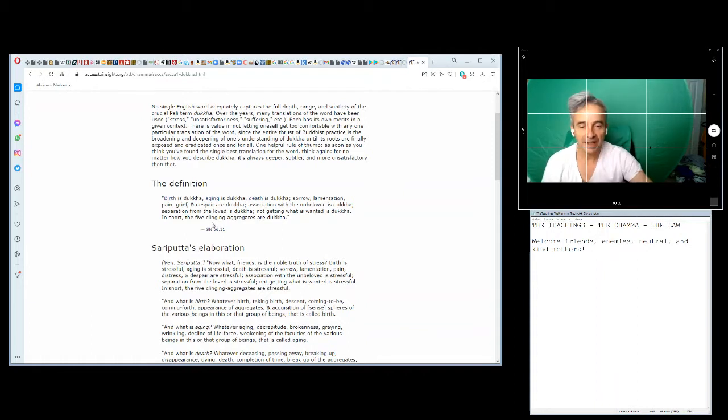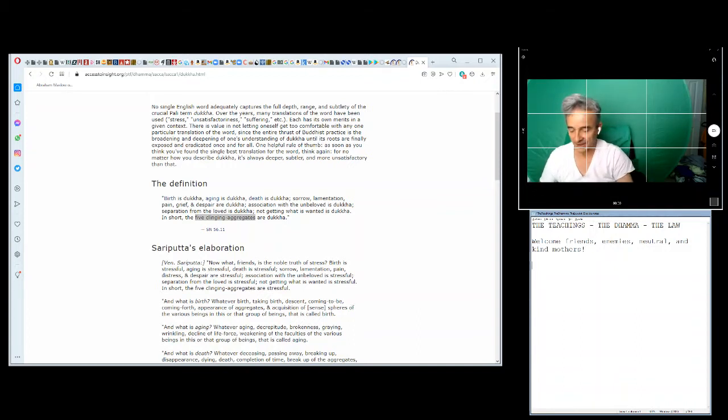Okay, what do I understand about the five clinging aggregates? That's something that we could think about. That might be new to some.